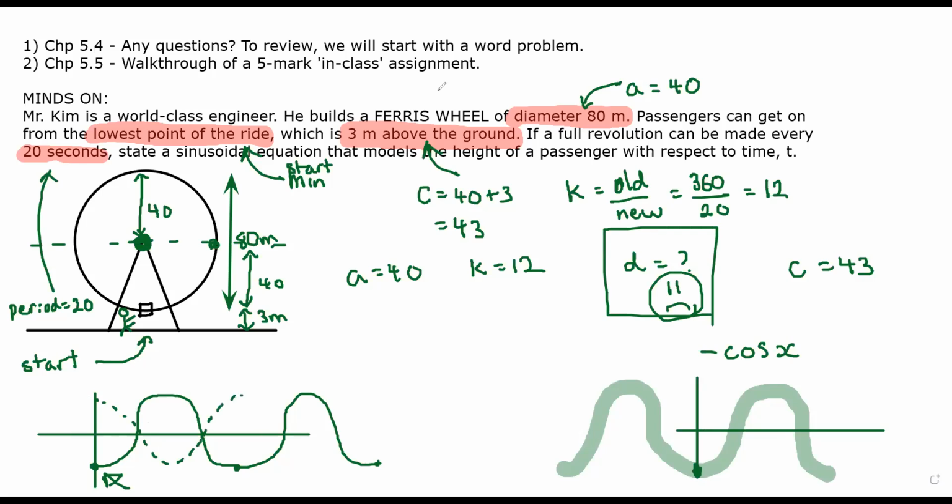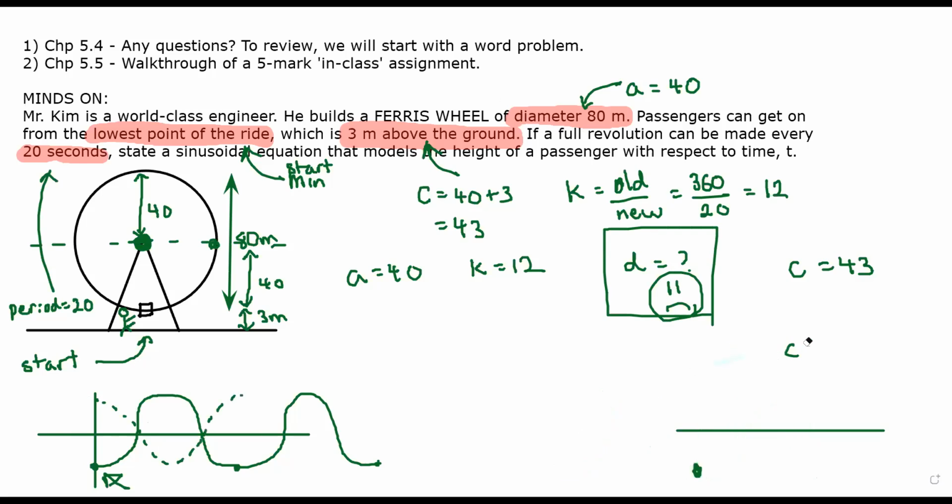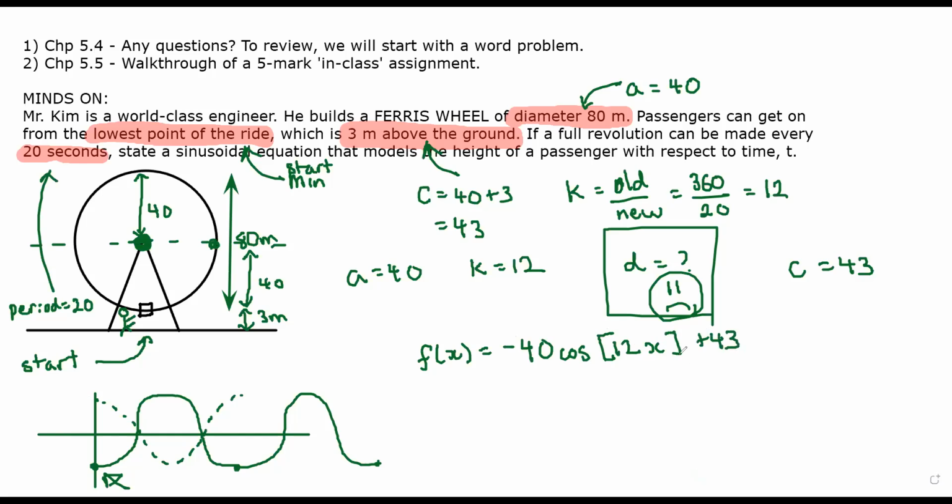So I'm going to stick a negative in front of the cosine. My final equation could be negative 40 cosine 12 x minus d, there is no d, plus 43.